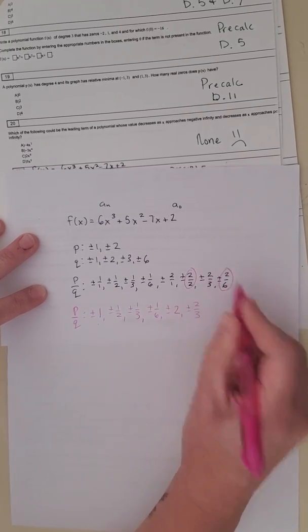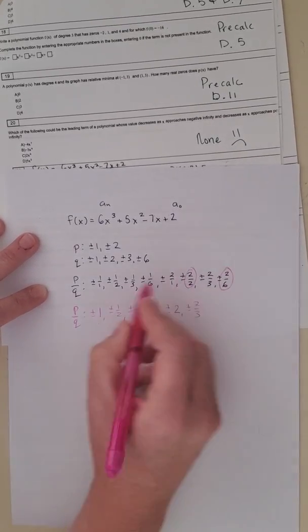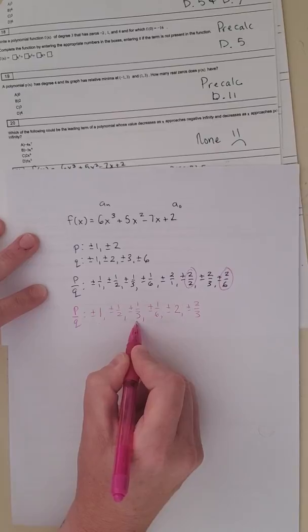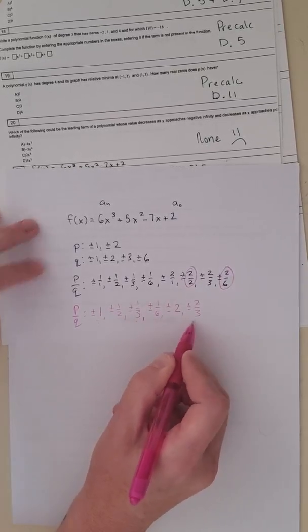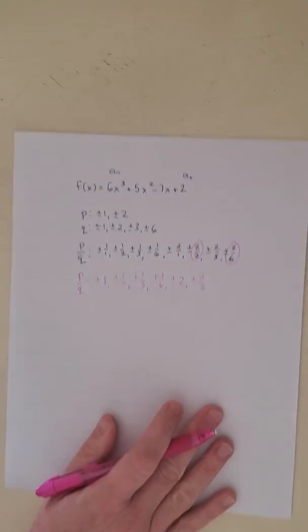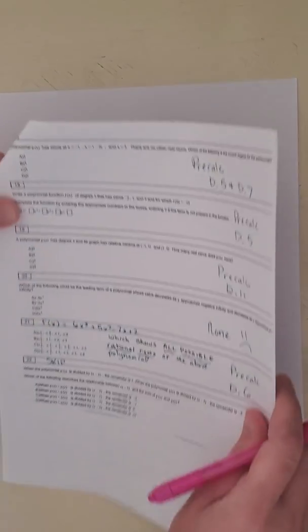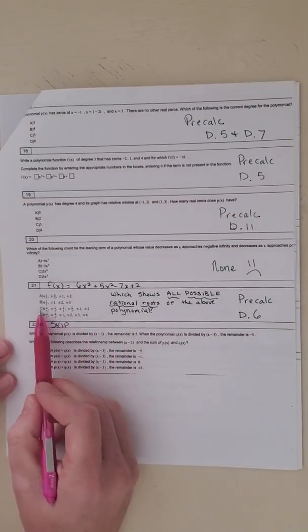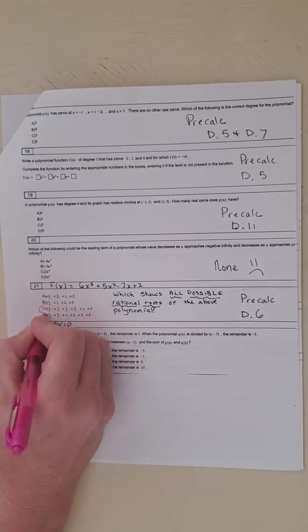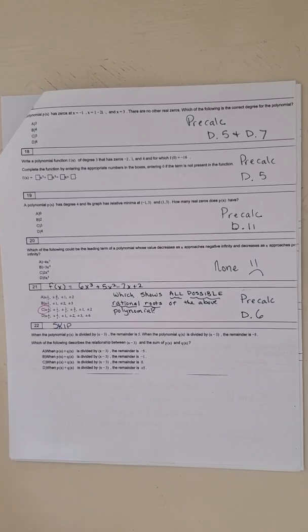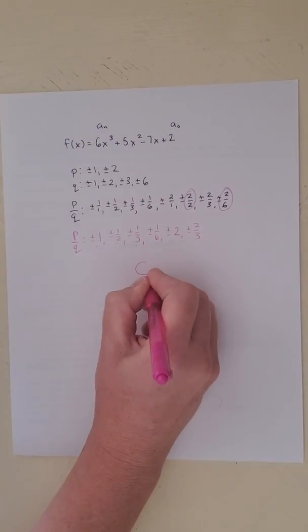And then plus minus 2 over 6 reduces to 1/3. So we have 12 possible rational roots. Now, when we look back at the answer choices, the only one with those answer choices would be C. So the correct answer here was C.